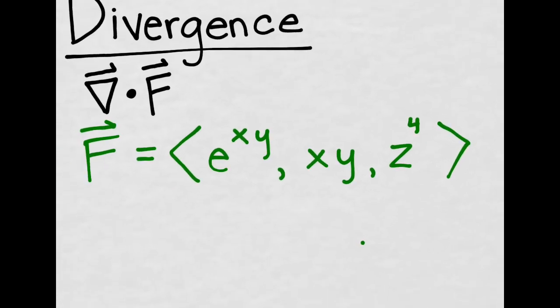Okay, so first of all, in order to calculate the divergence, we need to know what this symbol means. Well, this is a vector symbol, so what is this triangle? This triangle is called del or nabla, and the symbol altogether is given by this.